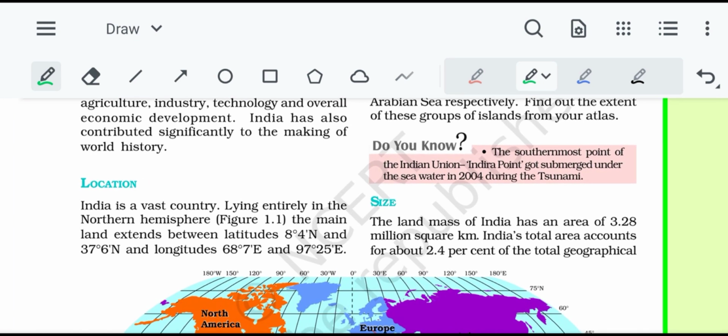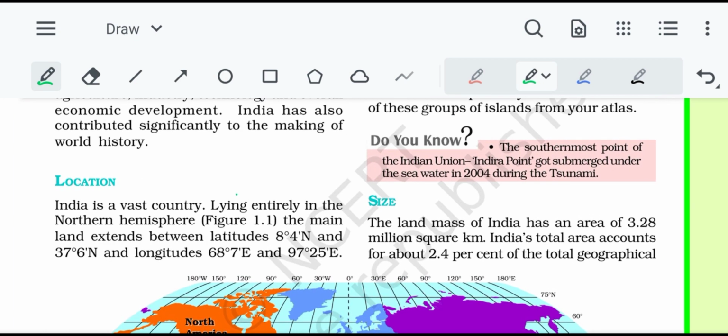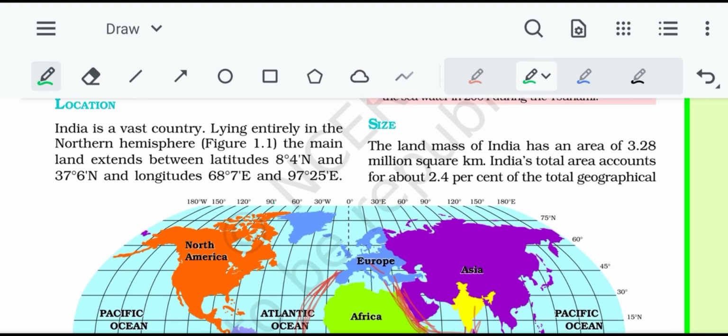One more important thing, do you know the southernmost point of the Indian Union, Indira Point, got submerged under the sea water in 2004 during the tsunami.